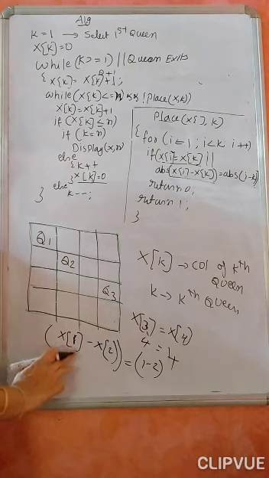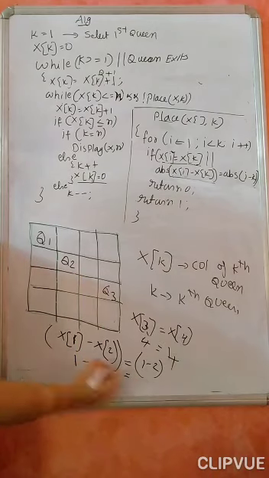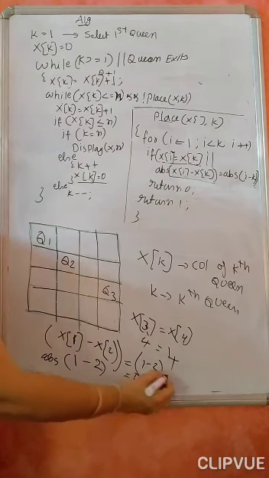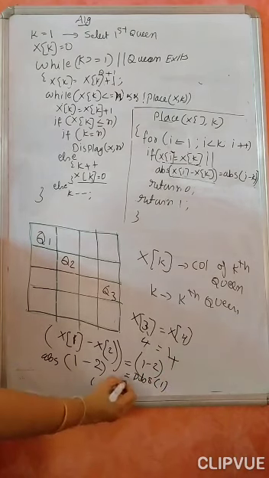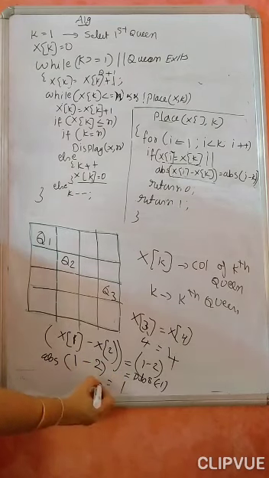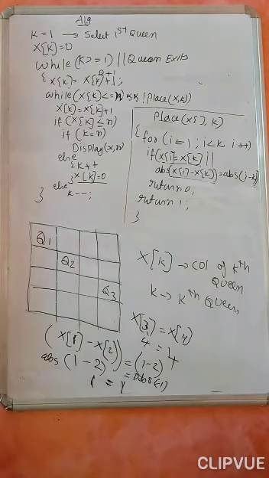The first queen is placed in the first column and the second queen in the second column. The ABS of 1 minus 2 is 1. So the ABS of this is equal to 1, and there is a diagonal attack. That is how you will check for the diagonal attack.